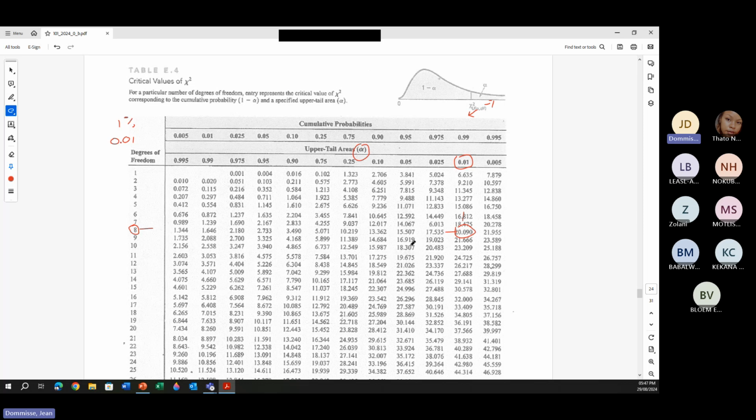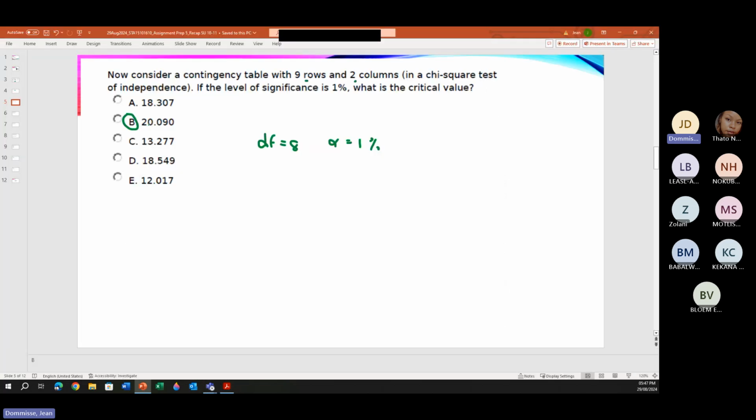There was the 18.307, but it doesn't always need to make sense how they got to the other options. Again, important: the level of significance, the 1%, we don't divide it by 2, it stays 1. It's only with a t-distribution in study units 7, 8, 9 that we look at that. With chi-square, it stays alpha.